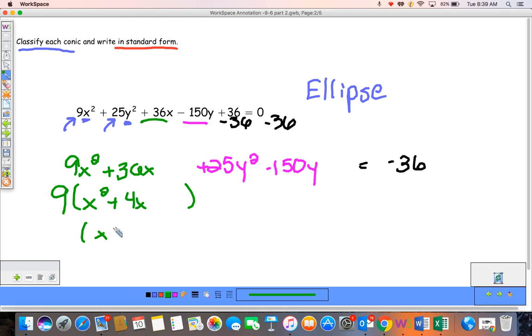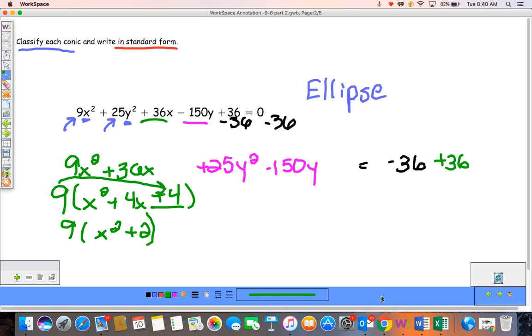I'll go ahead and make that into a perfect square binomial because I know I just take half of that middle term. The 9's still out here. We know we square this, so that's a plus 4. And then we got to do distributive property, so 9 times 4 is a plus 36 goes out here.